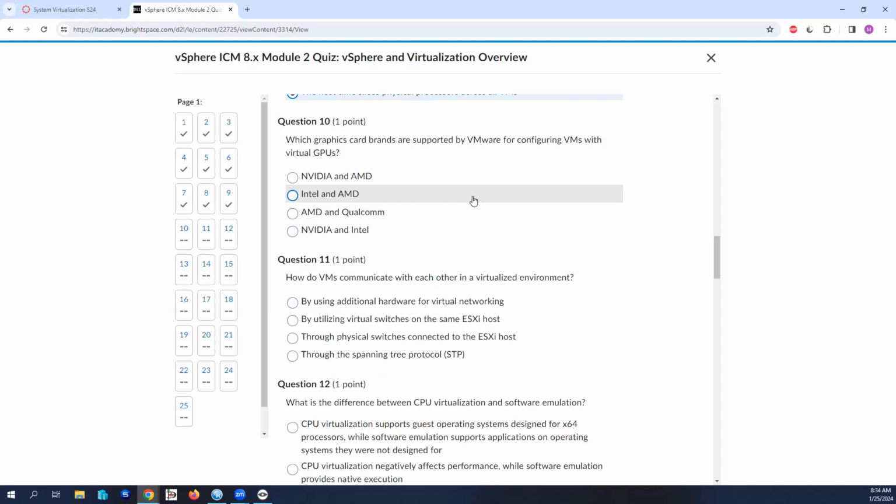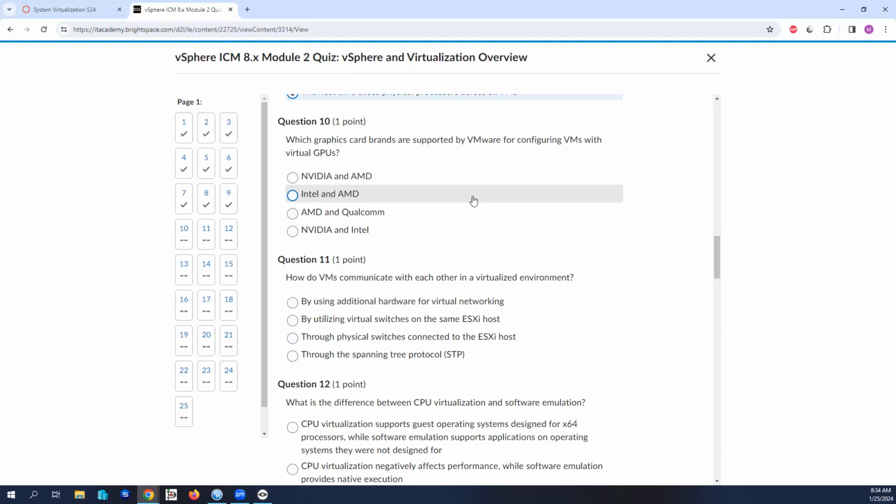Which graphics card brands are supported by VMware for configuring VMs with virtual GPUs? You probably search for virtual GPUs to find this question. Is Intel a video card manufacturer? Do you go out and buy an Intel graphics card to play games with? No. What about Qualcomm? You go buy a Qualcomm video card? I know a lot of y'all are gamers, so definitely not.